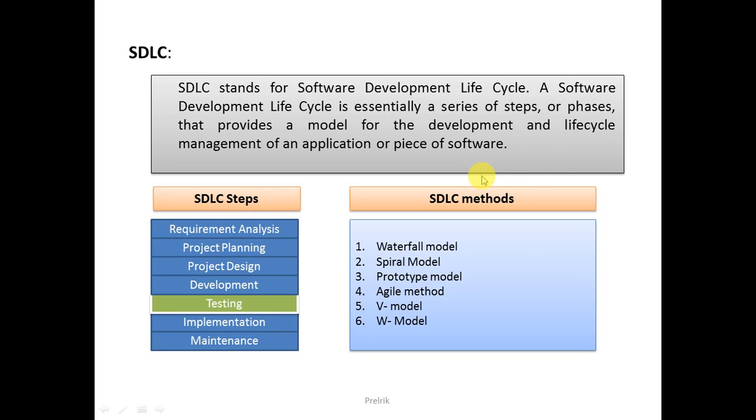And now we'll see what is an SDLC model. The Waterfall model is a very old and ancient development model, and it's basically a sequential model. So what is sequential? It's a sequence. First requirement analysis will happen, then project planning, then project designing, then development, testing, implementation, maintenance. So it's a sequence, one by one. Once you have passed one phase, like if you have passed requirement analysis and started working on project planning, then in the Waterfall model you cannot go back and you cannot make any changes if the requirement changes further.